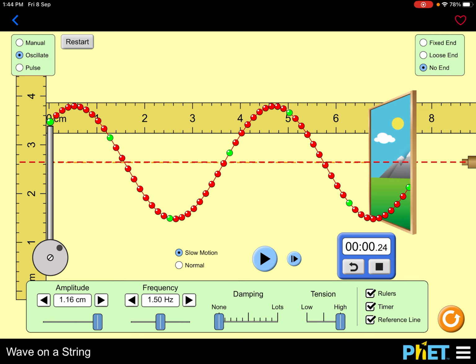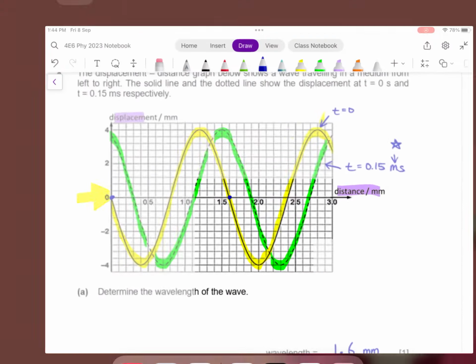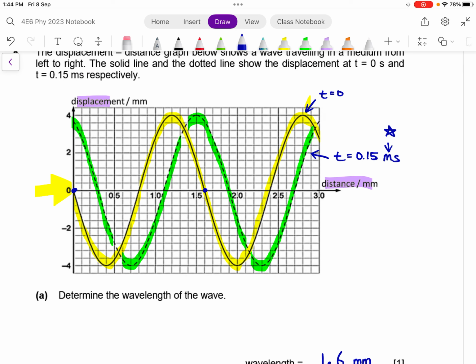Do we have this information from the prelim question? Yes, you can see initially at time equals 0, the crest is here. And after t equals 0.15 milliseconds, the crest has moved a certain distance, which can be measured by the x-axis, which is here.